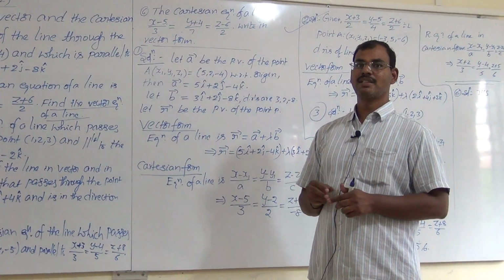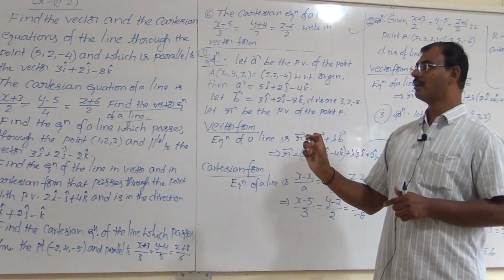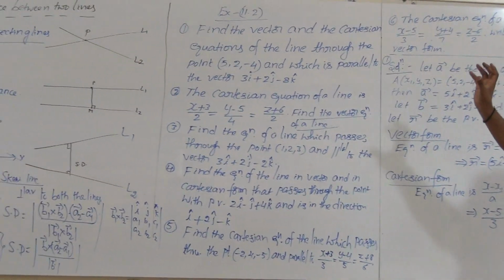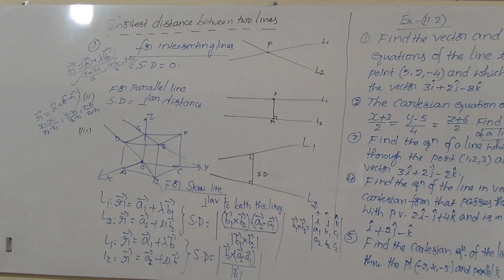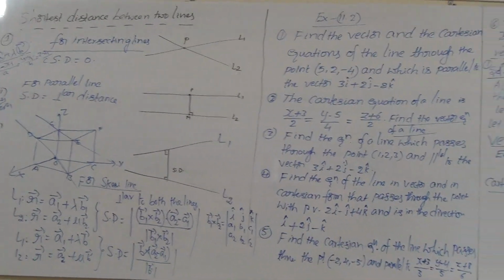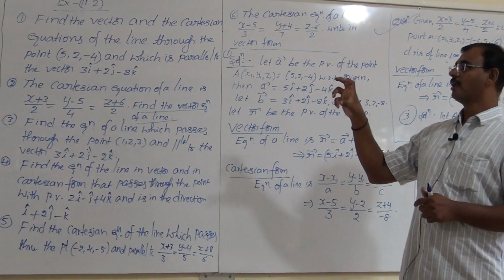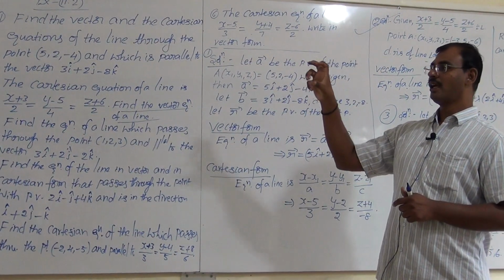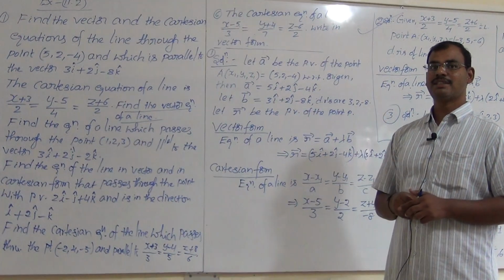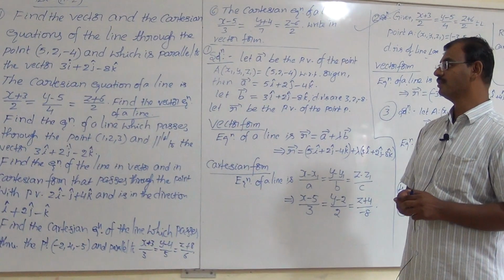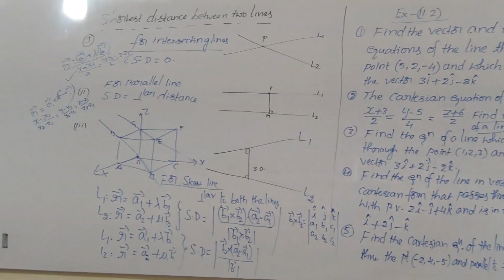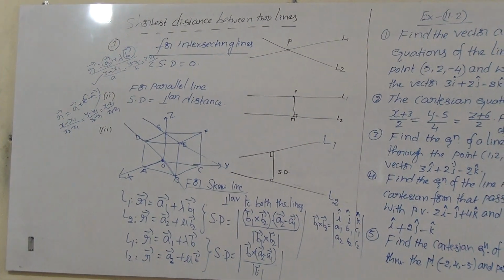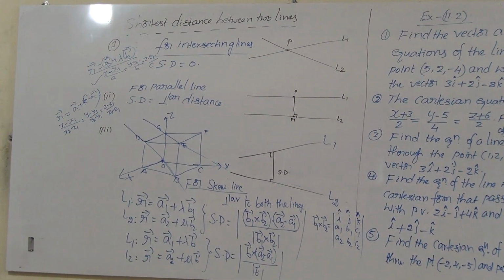What are the conditions? Remember, for parallel, how to show that lines are parallel: A1 by A2 is equal to B1 by B2 is equal to C1 by C2. How to show that they are perpendicular? A1 A2 plus B1 B2 plus C1 C2 is equal to 0. Next formula, the shortest distance model. For intersecting lines, the shortest distance will be 0.